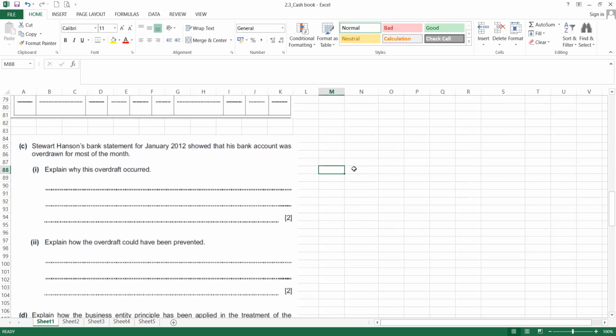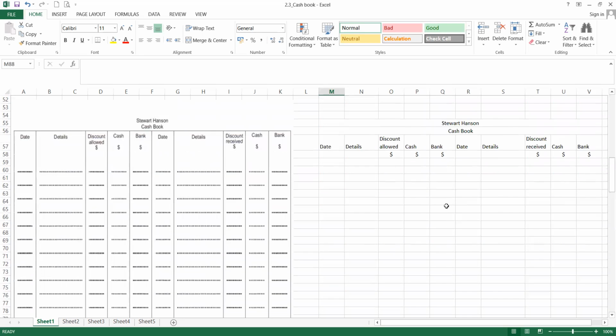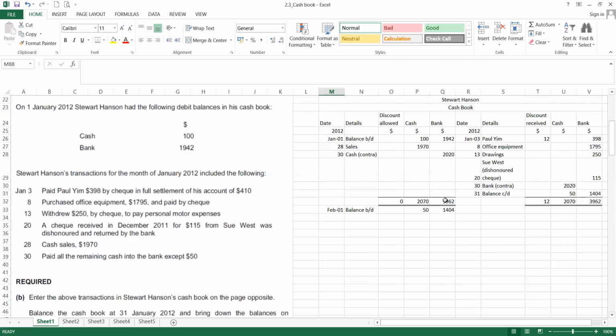Why can Steve owe the bank? In what situation can that be caused? It's still owed to the bank. But from here, we saw that it's a debit balance. How come it says that he owes the bank? So one of the possibilities could be that this money has not reached the bank from the bank's point of view.